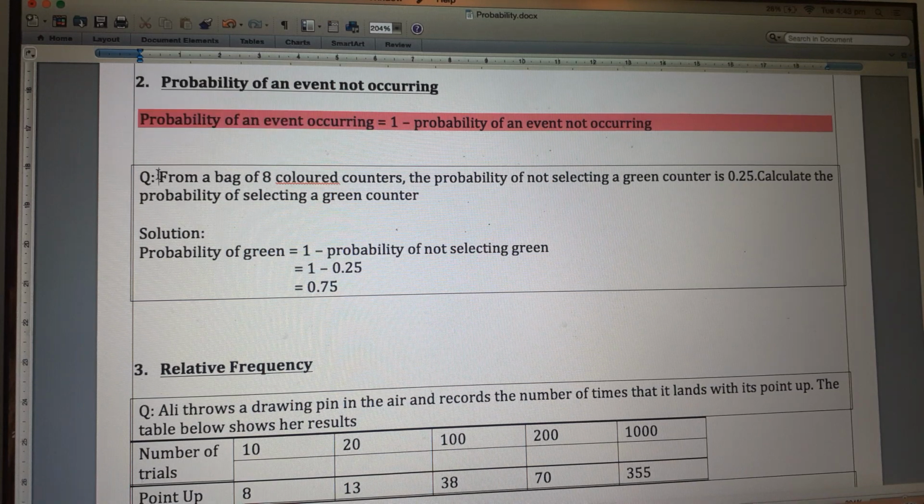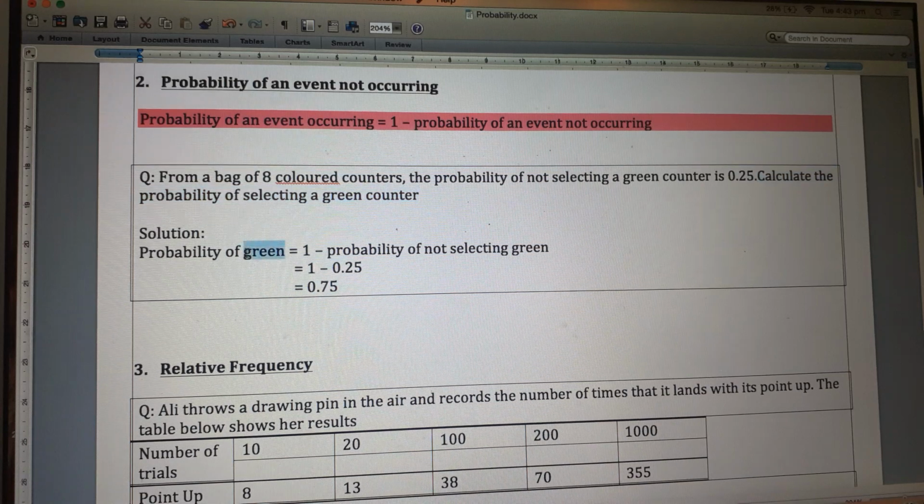So let's do a question. From a bag of 8 colored counters, the probability of not selecting a green counter is 0.25. Calculate the probability of selecting a green counter.